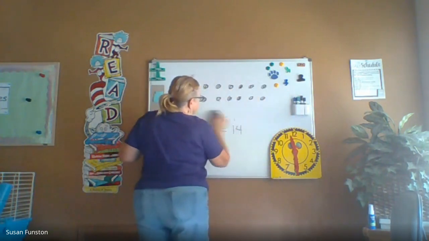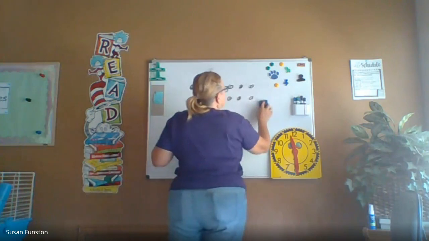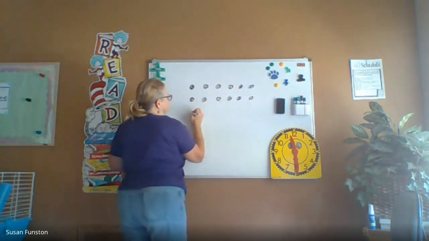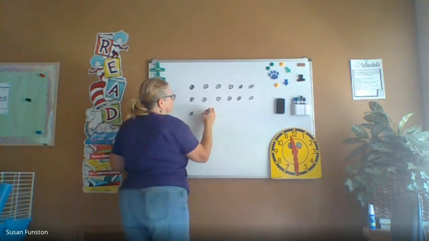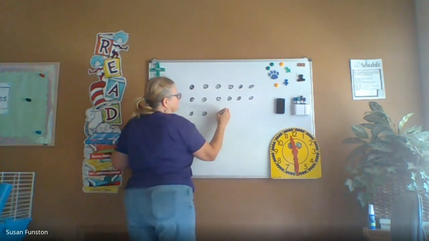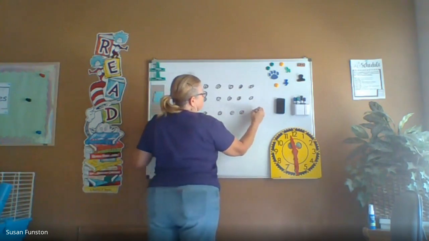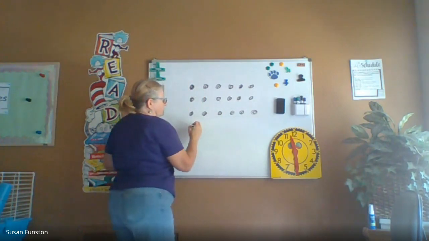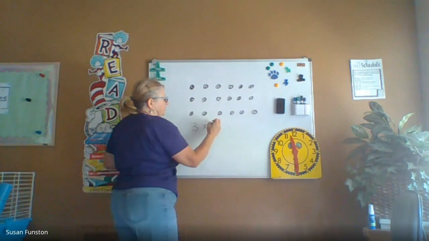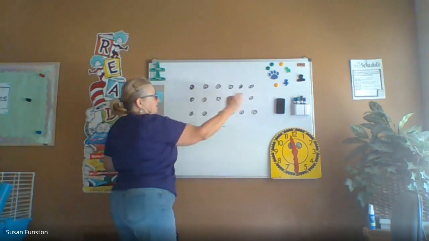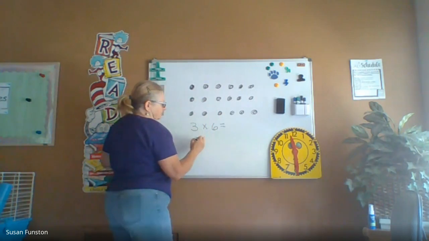How about 6 by 3? So I have 3 rows of 6, or 6 columns of 3.